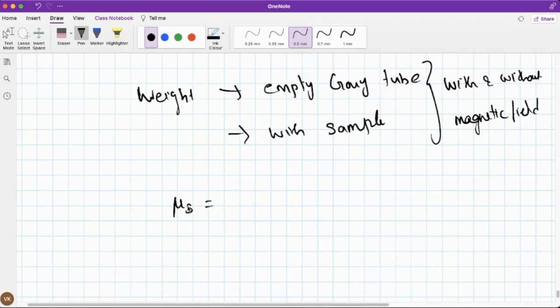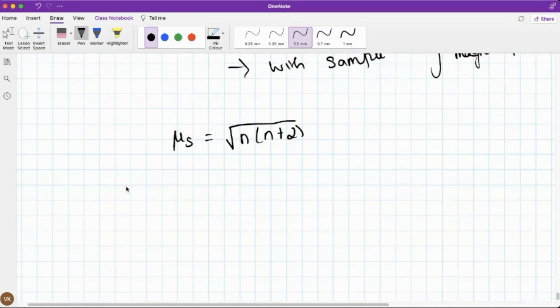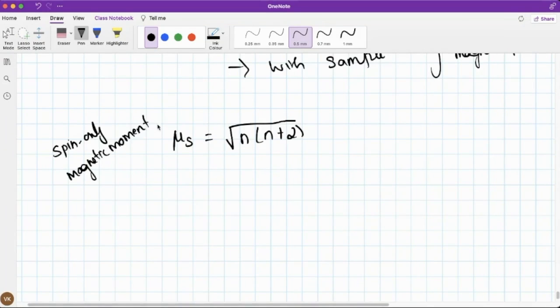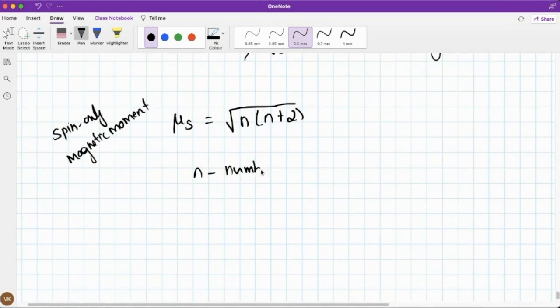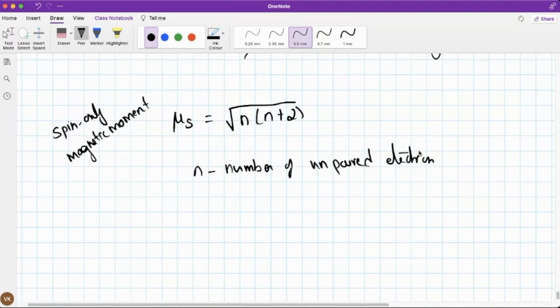Here mu is the magnetic moment, and this formula is called the spin only magnetic moment, because we only use the number of unpaired electrons in the metal ion. Here n is the number of unpaired electrons.